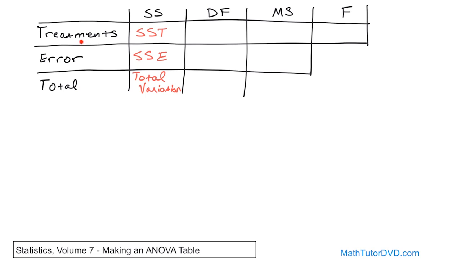Now here you have DF, that means degrees of freedom. Degrees of freedom of the treatments. Remember your test statistic was SST over SSE. So the degrees of freedom here is the degrees of freedom of the numerator, which was K minus 1. We used that when we had to find F alpha.